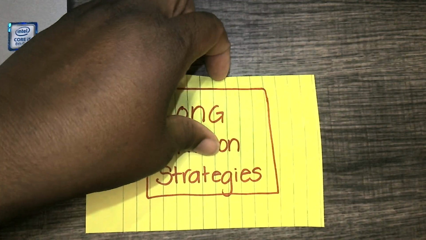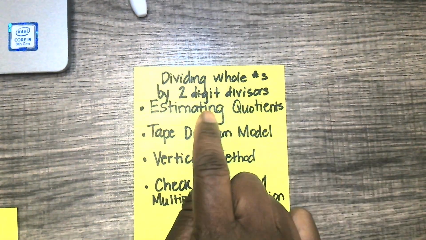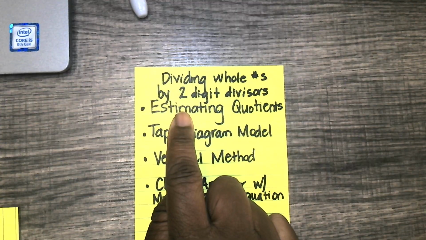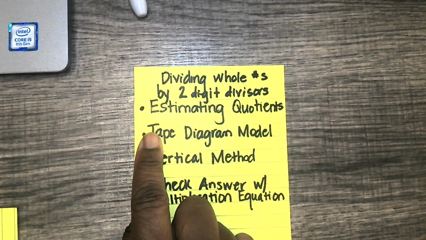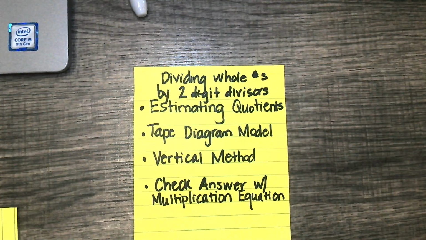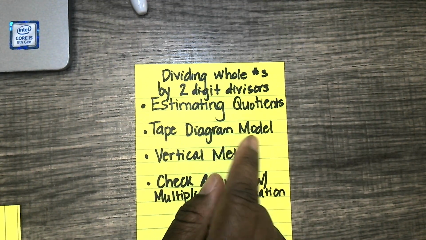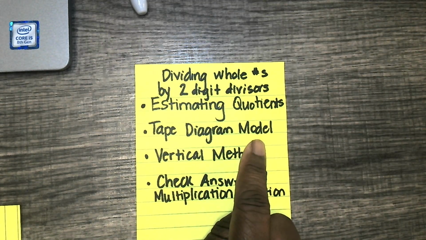But for now, those strategies in that previous video, when we're dividing whole numbers by 2-digit divisors, I showed you how the kids have learned how to estimate the quotients before beginning the problem, whether that be a problem with just the numbers or whether it be a word problem. We also learn how to use the tape diagram model so that we can show our thinking in a pictorial representation.